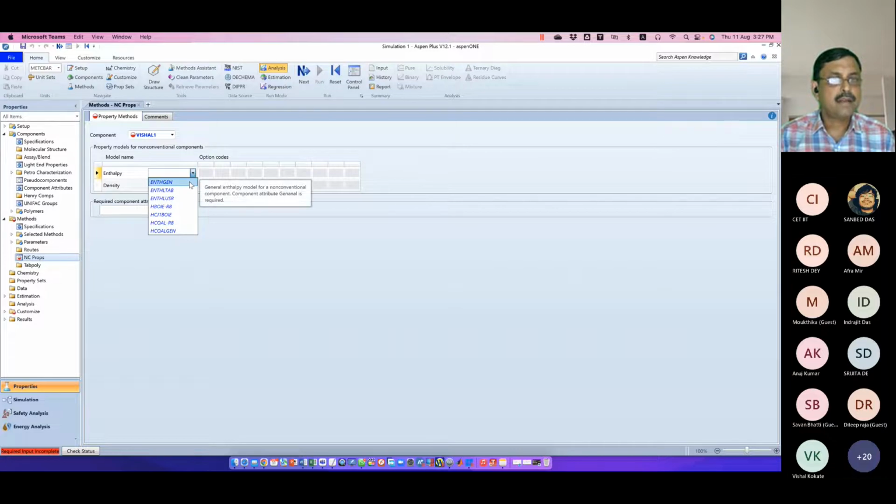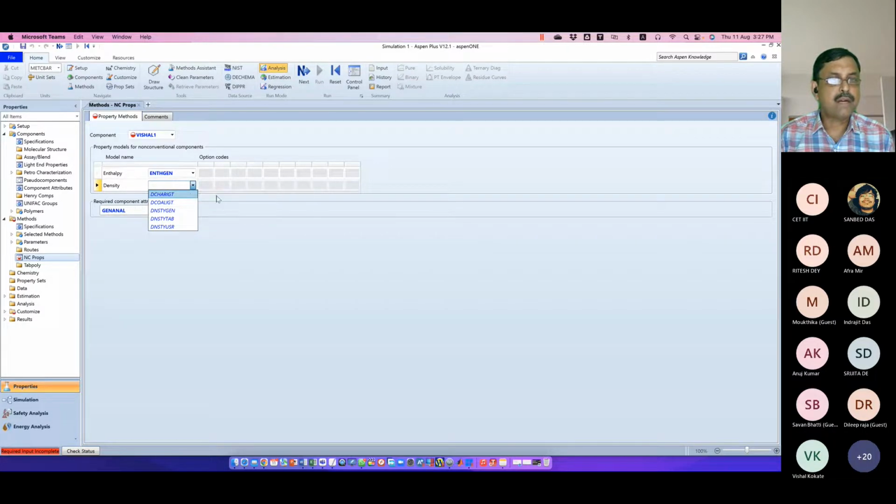And here, it is a general enthalpy model for a conventional component. So you can just enter whatever is right. I mean, each and every model. This is a density model for char or coke based on IGT correlation. Component attributes include ultanal and sulfanal.